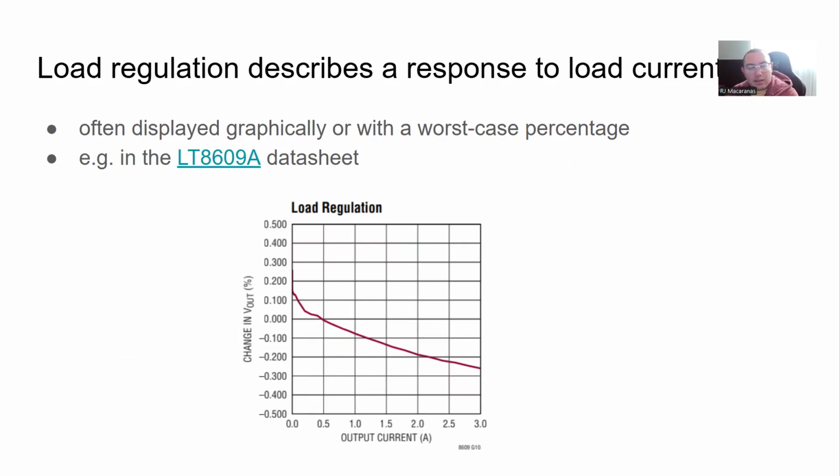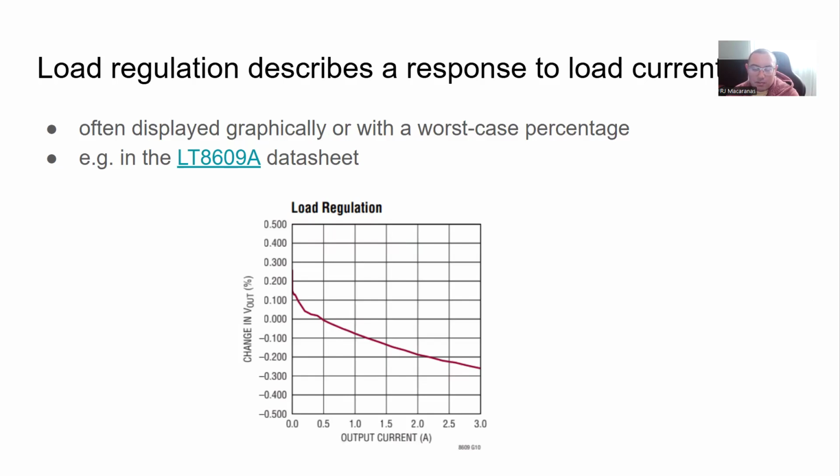Just like line regulation, we're looking at load regulation as well. So load regulation is another type of response, but instead of to the line voltage, it's actually to the load current. Right, so we're creating this regulated output voltage that is presumably supplying power to some downstream devices, and those downstream devices are going to basically absorb some current.